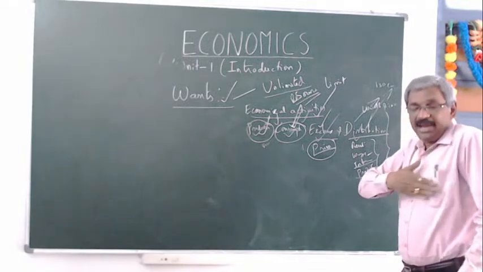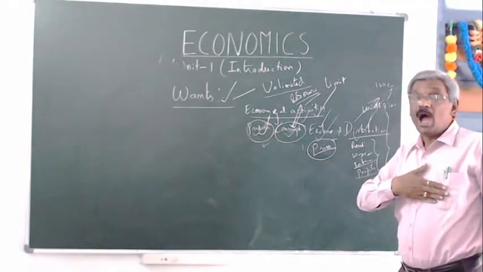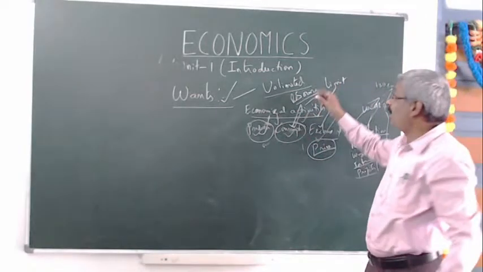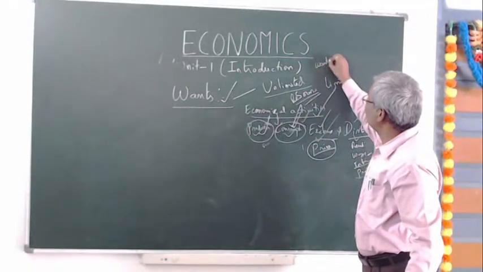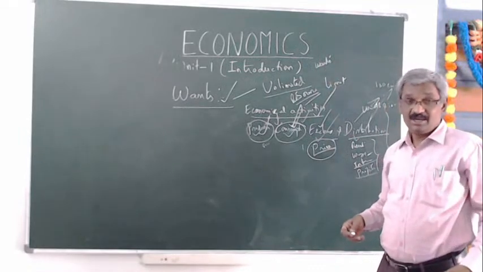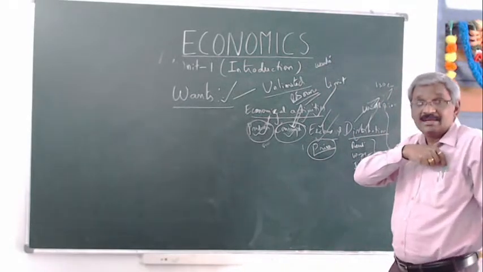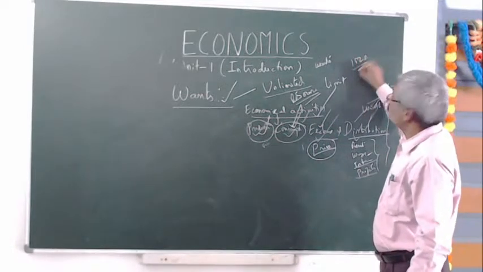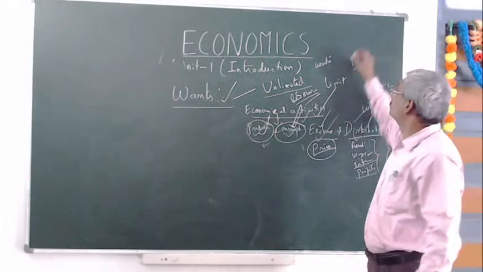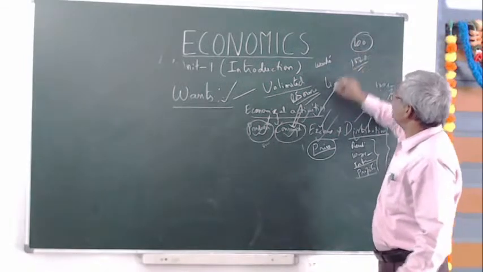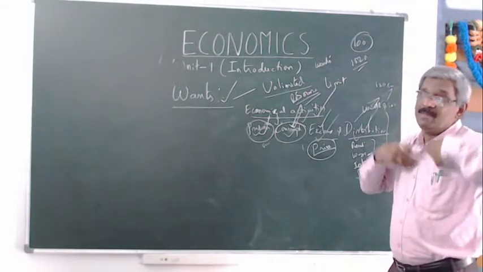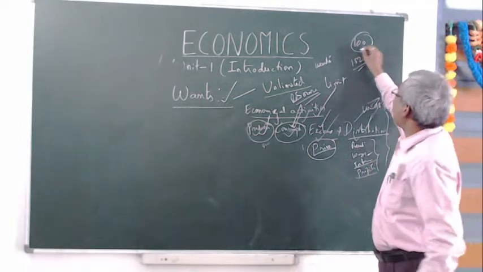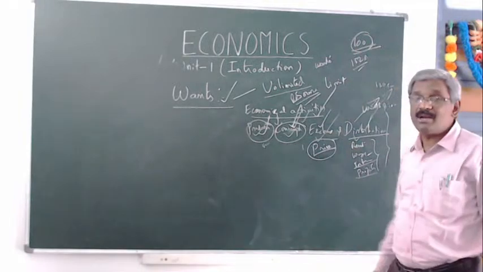But with this limited money, how can we satisfy unlimited wants? Suppose my money can satisfy one or two wants, but my wants are 100. How can limited resources satisfy the 100 unlimited wants?